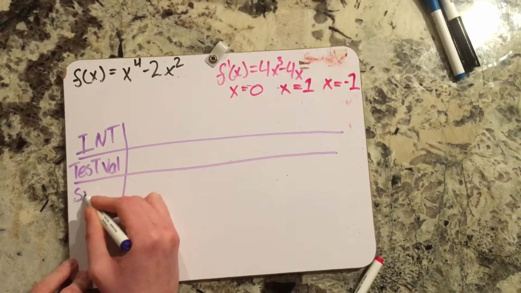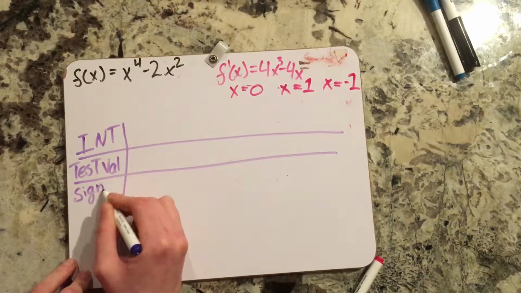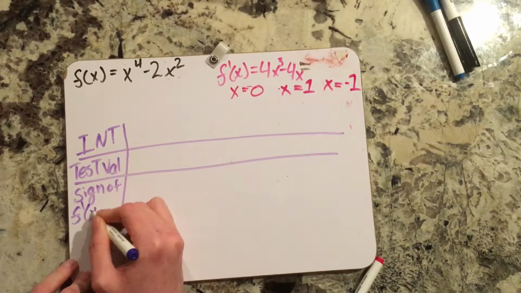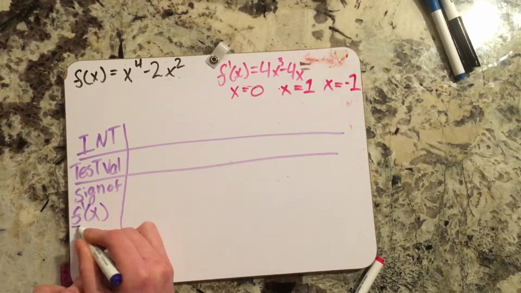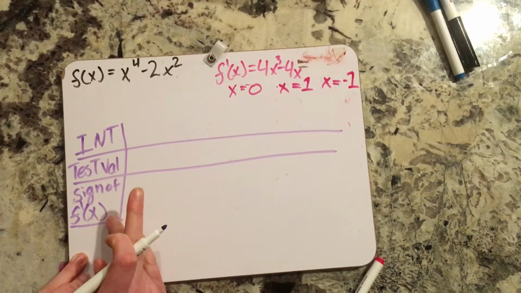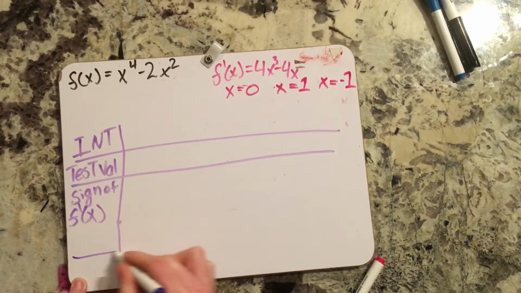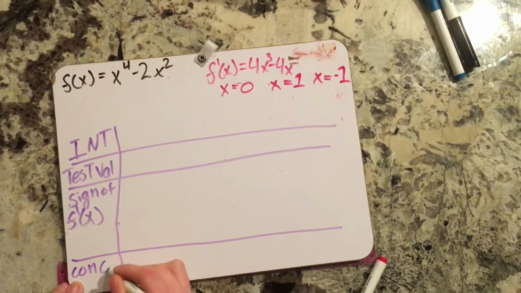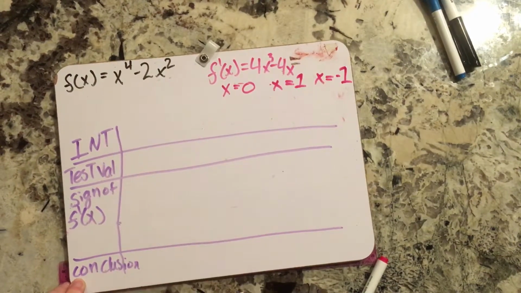Then the sign of f prime of x. Actually, I'm going to give this one more space because I'm going to have work to do in here. Then our conclusion.